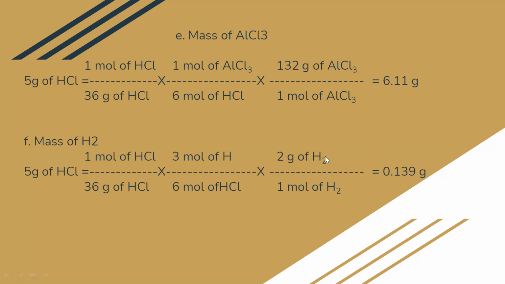The molar mass of hydrogen is 1 times 2, so we have 2 grams over 1 mole of hydrogen. Therefore, the answer is 0.139 grams of hydrogen gas, after the units cancel.